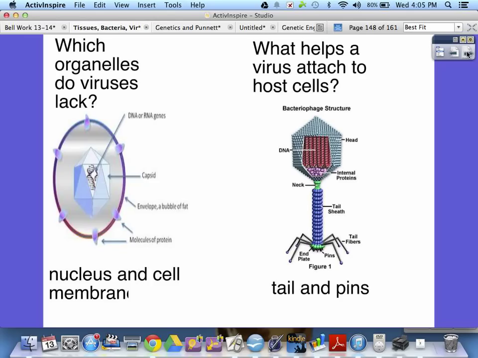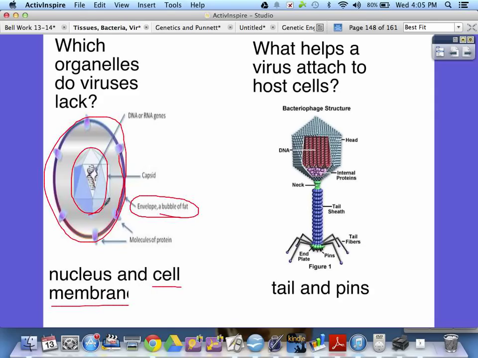Viruses lack certain organelles which cause them to not be considered a cell. They lack the cell membrane, the basic outer structure. They have instead a bubble of fat that envelopes around the head. This is the head. This is the same exact structure as right here. It's called a capsid.